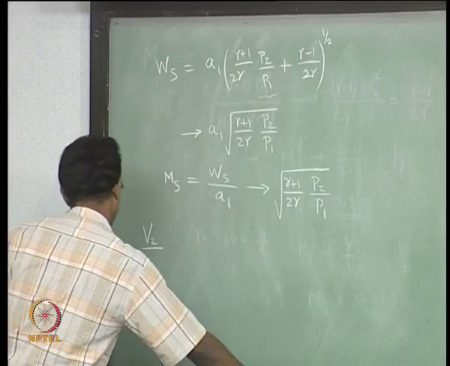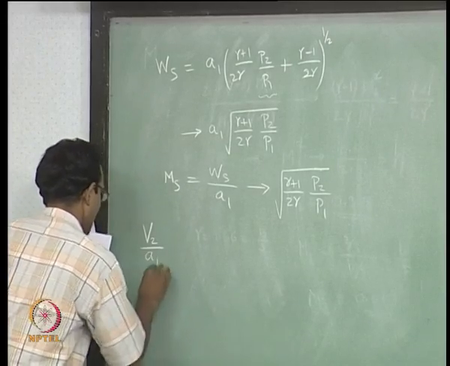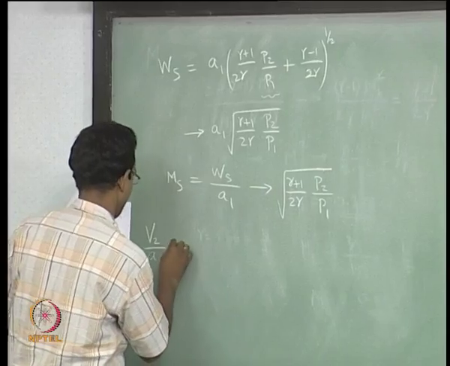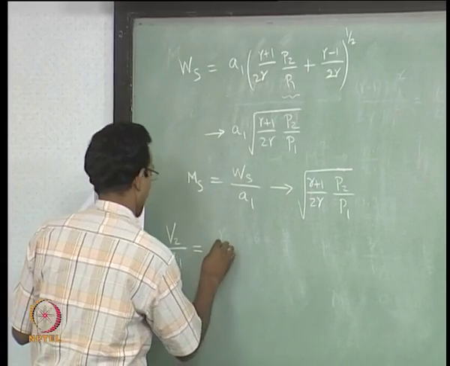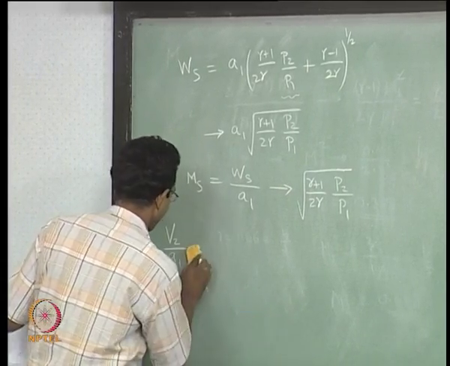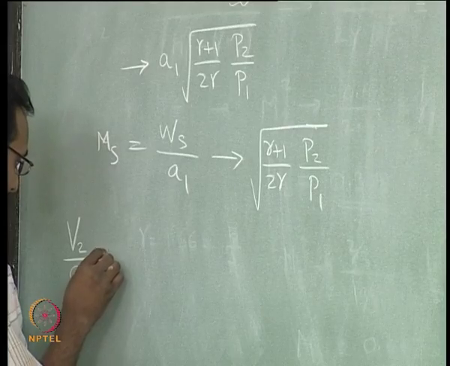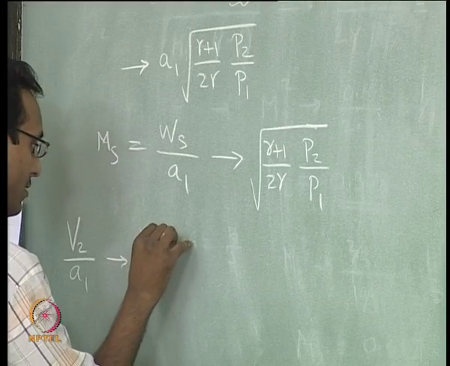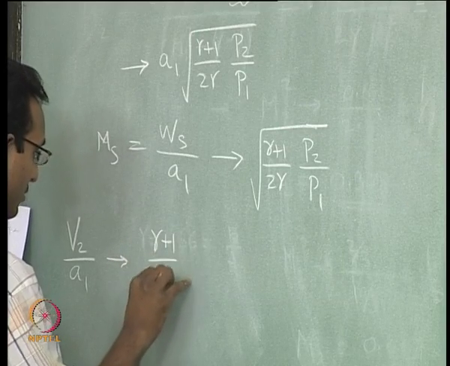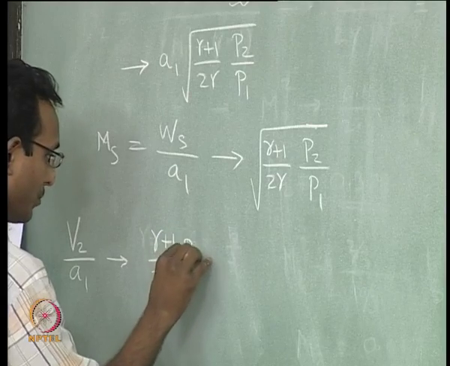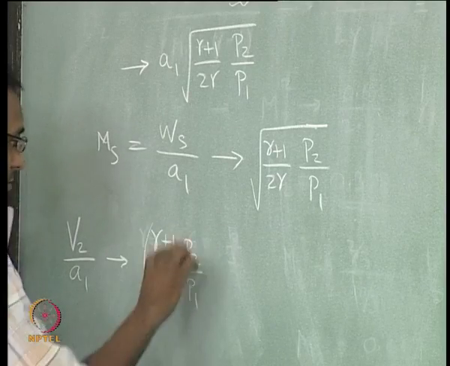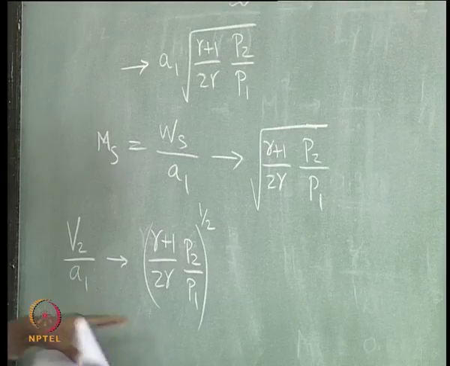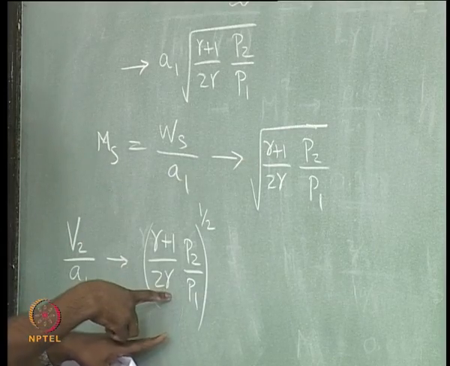From whatever we wrote before, I will just directly write the tending-to form: the square root of (gamma plus 1) by 2 gamma times P2 by P1. This one just comes from Ws, whatever is here is exactly here.